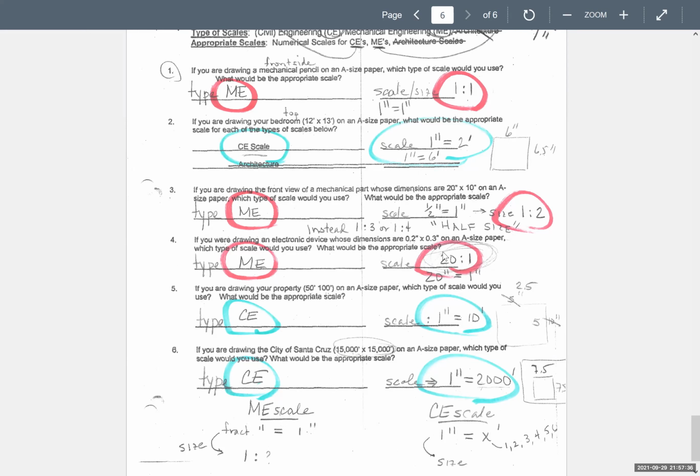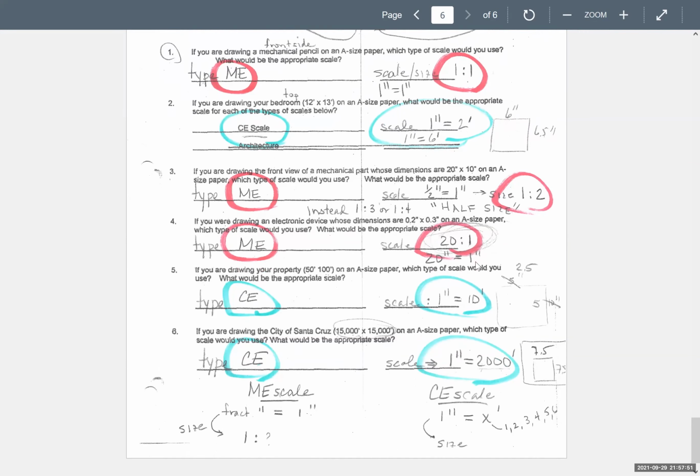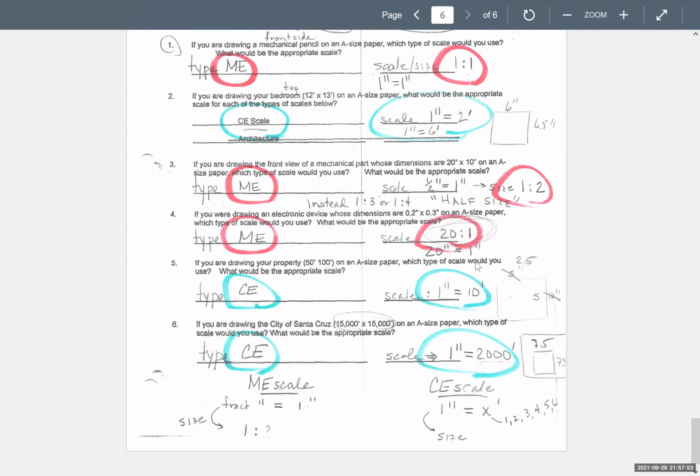Right, exactly. So in determining the mechanical engineering scale, you have to determine the item you want to draw on paper. Can it fit on paper, or do you have to shrink it, or do you have to make it bigger?